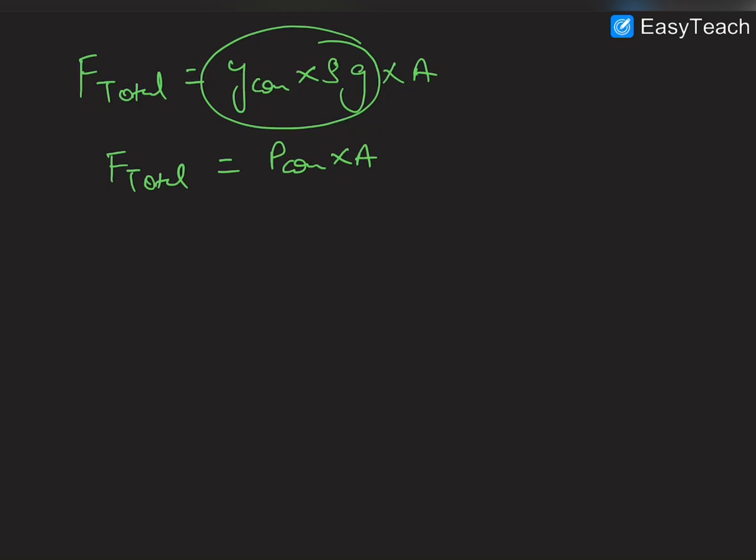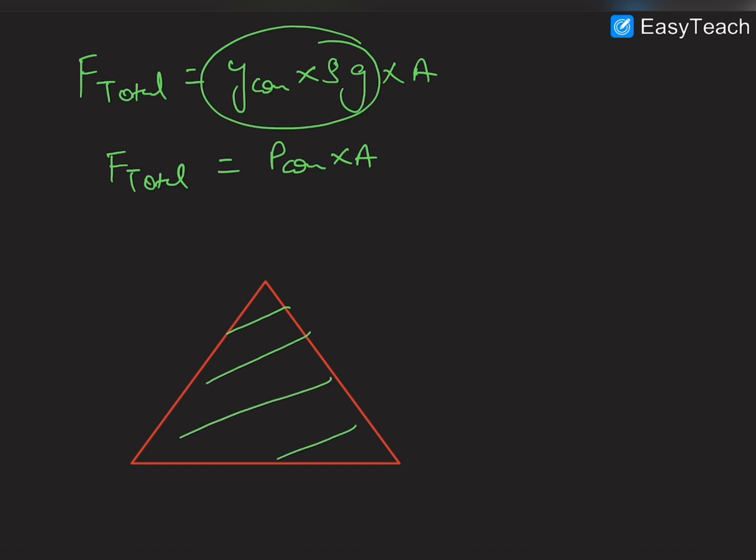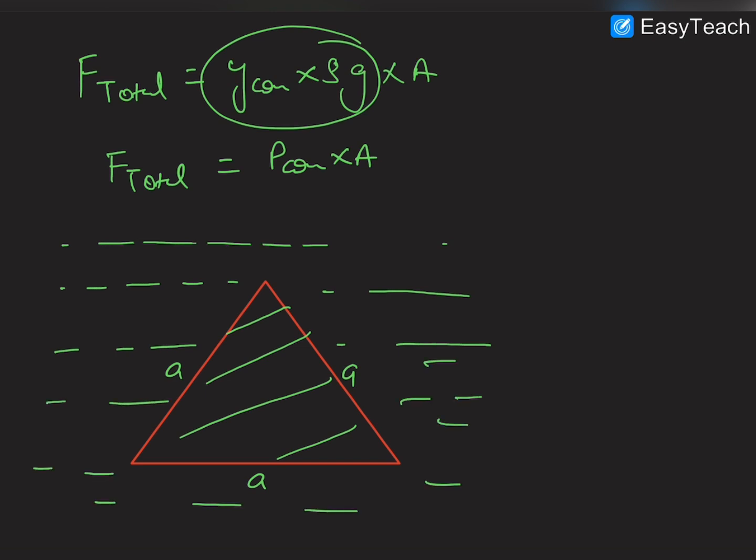another example of this trick. Let's suppose that there is an equilateral triangle, having sides A by A by A, and this triangle is being immersed in a liquid like that, and obviously the net force acting on this triangle will be 0 because the liquid will be pushing this triangle from both sides, therefore net force will be 0.